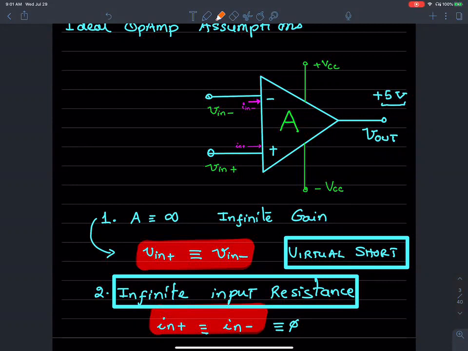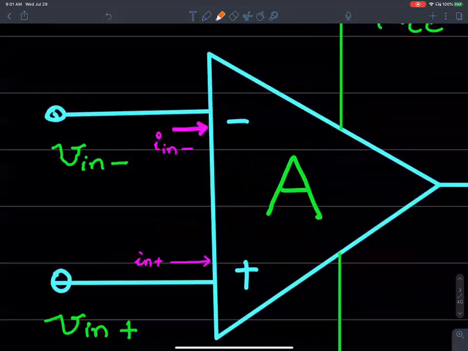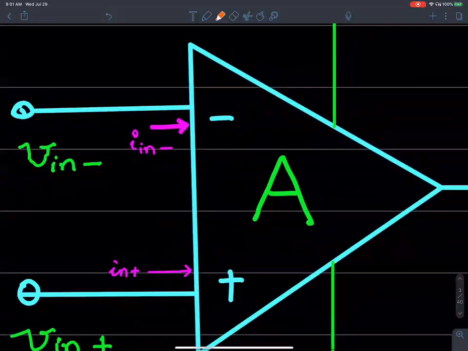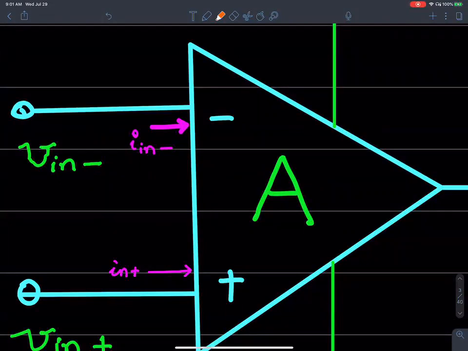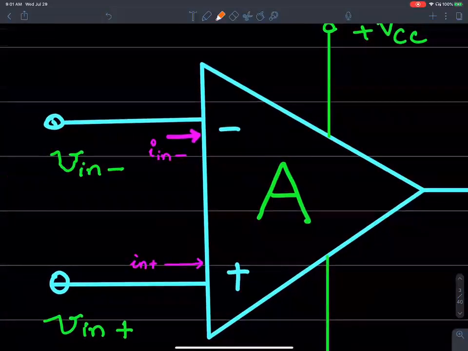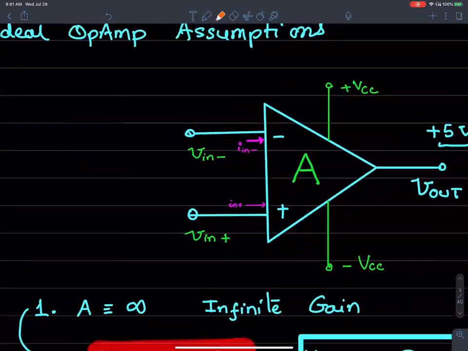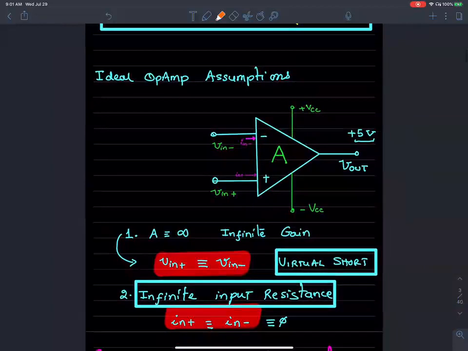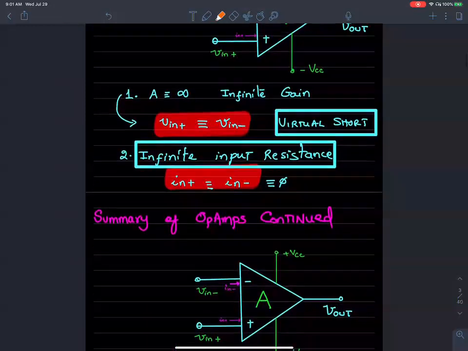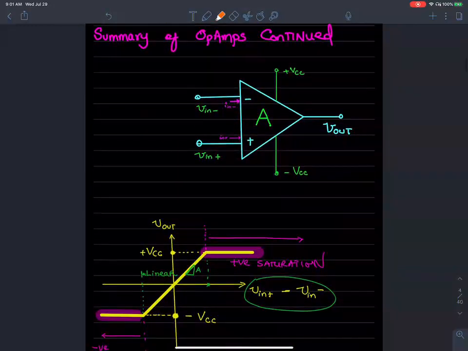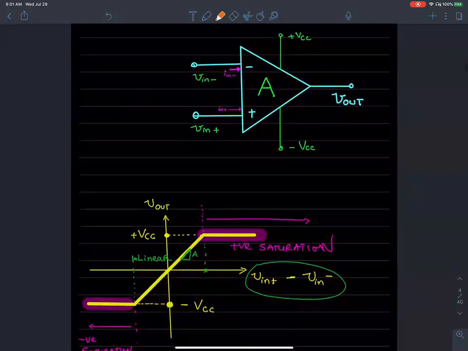The second one is that the input resistance looking into the OpAmp is infinity, meaning that the current going into the OpAmp really is zero. I input negative and I input positive is really 0. That's an ideal OpAmp assumption. Then we started looking at the graphical representation of the maximum and minimum limit for V output possible.